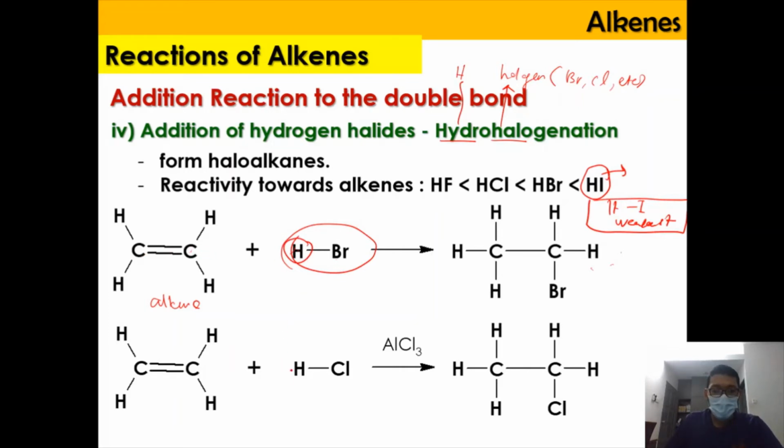The same goes for this case where we can change our halogen to Cl in the presence of the catalyst aluminum trichloride. So hydrogen can be attached here and chlorine can be attached here. For this case, there is no problem because each carbon here has 2 hydrogens. Carbon 1, 2 hydrogens, carbon 2, 2 hydrogens. So you can add H to this side or H to the other side.